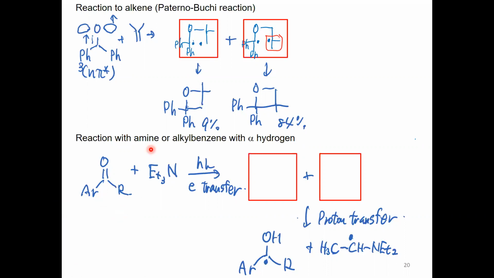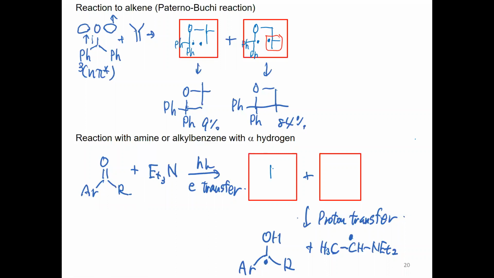Another reaction type is the reaction with amine or alkylbenzene with hydrogen, which could be initially induced by light-induced electron transfer.